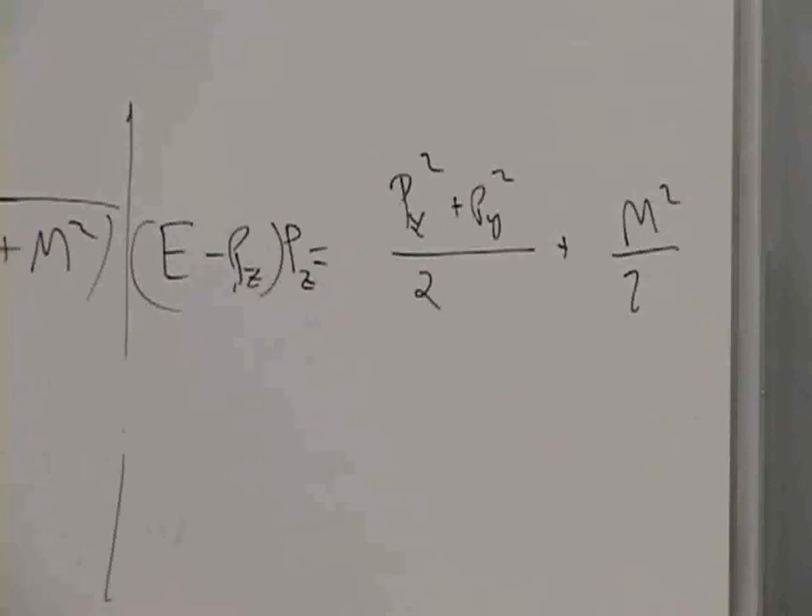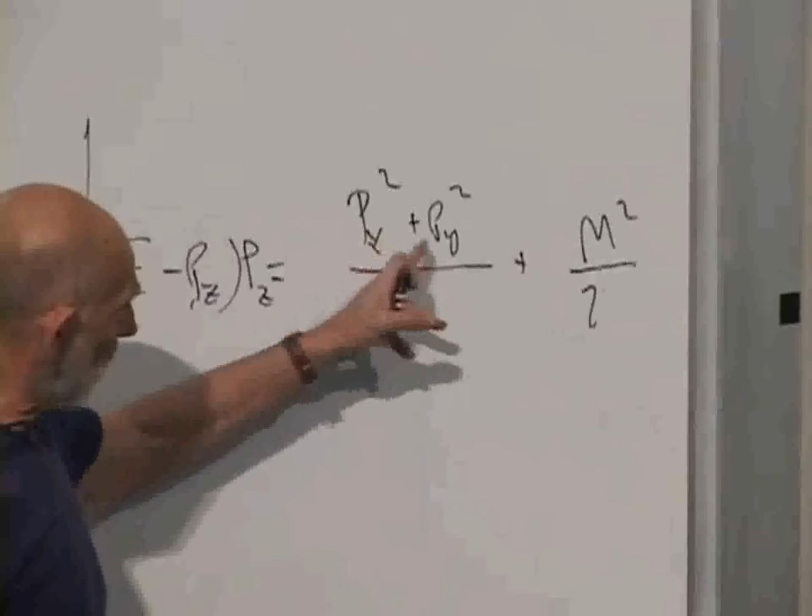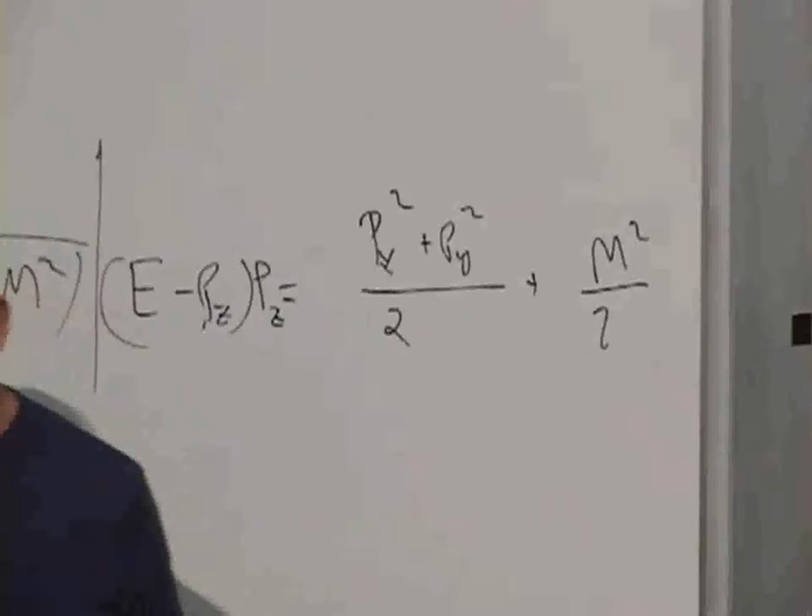And now you see we have an expression on the right-hand side which does have a limit as pz goes to infinity. It's the Hamiltonian, or the energy function, which keeps track not only of the internal motions, but the motions along the x and y direction.